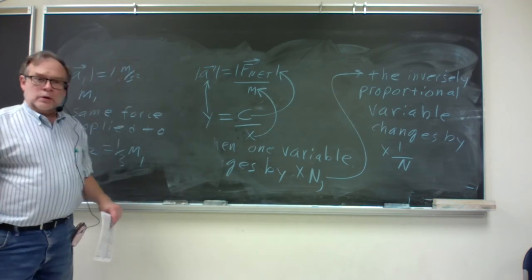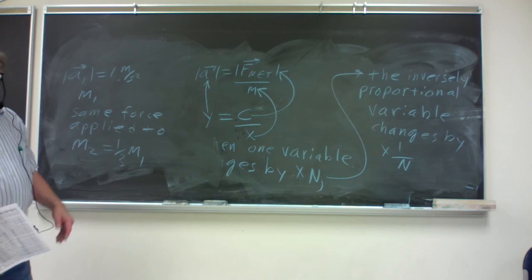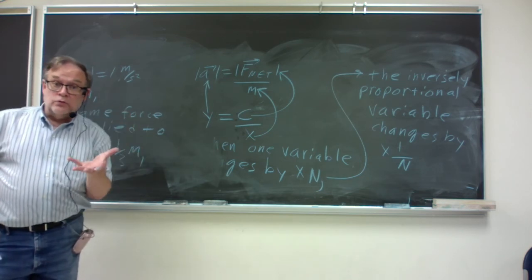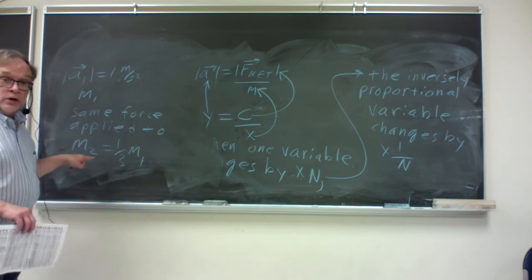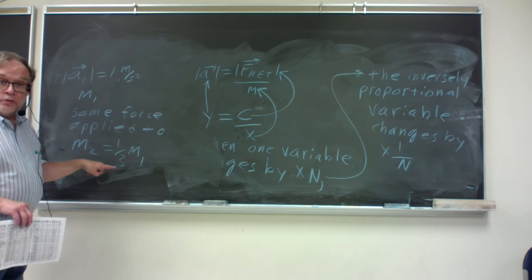So now we know how inverse proportionality works. Well, when one variable changes by some factor, the other variable changes by the inverse of that factor. In this case, one variable, the mass, changed by a factor of 1/3.